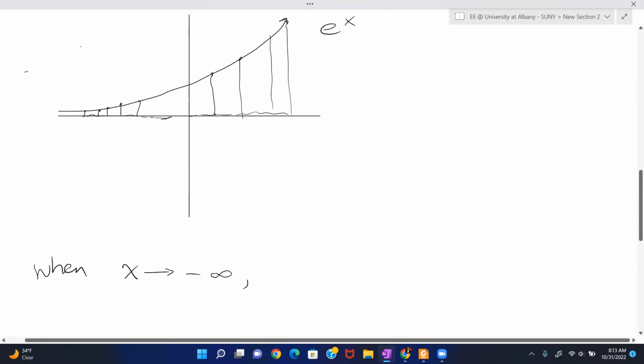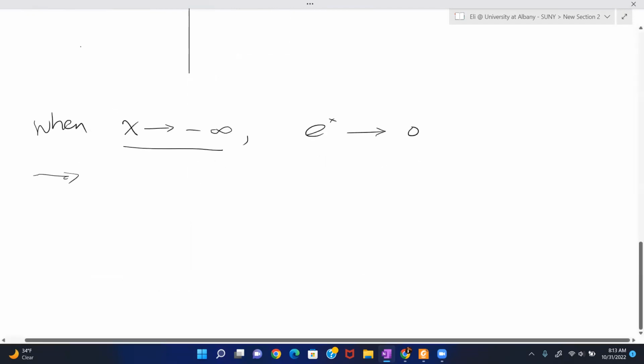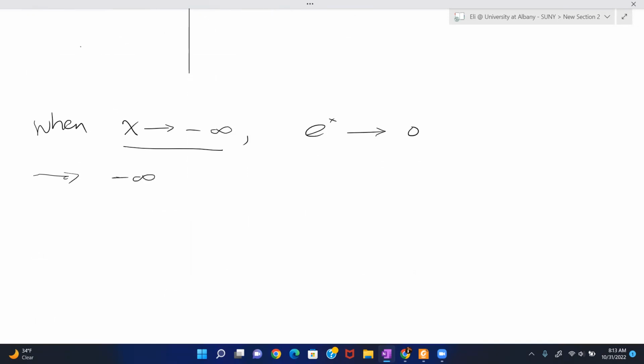They're approaching 0, and that's because the x-axis is a horizontal asymptote of e to the x. So when x goes to negative infinity, e to the x approaches 0. That means when we compute this limit, we get the indeterminate form negative infinity times 0.